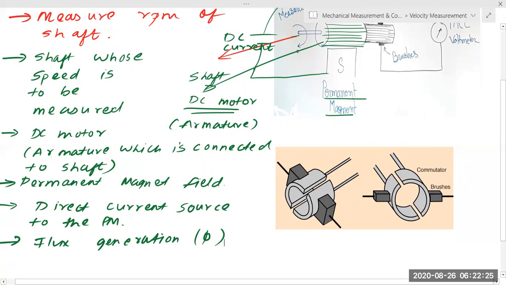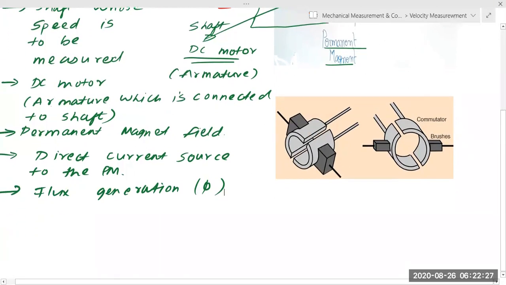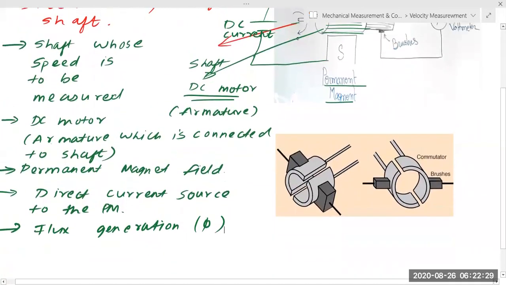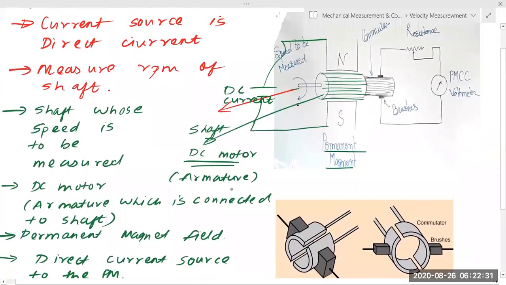Now what I'm going to tell you is, just look at this thing. What will happen? Actually, this field will be constant. Why will this field be constant? Because these magnets are permanent in nature. When these magnets are permanent, or you can say when the current is constant, automatically the flux will be constant.